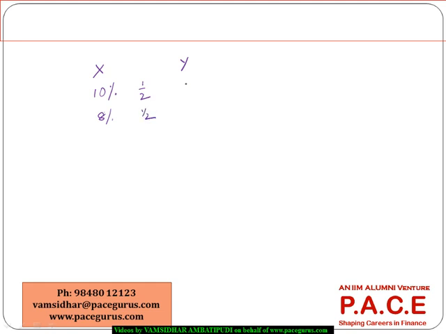Whereas on the other side, Y is going to give 9% with a probability of 0.5 and 7% with a probability of 0.5.